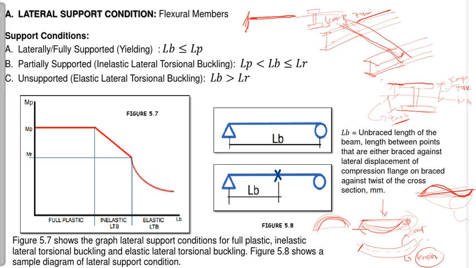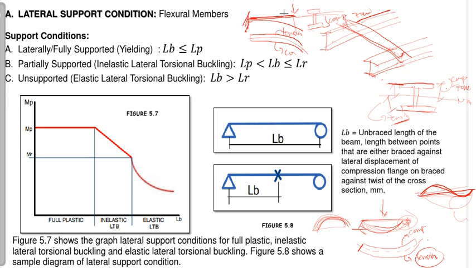Doon nagbabakal sa ilalim. Kasi di ba pag naglagay ka ng load dyan, ganyan yan. Ganyan yung magiging deflection niya. And pag nagganyan yung ating section, ito yung neutral axis natin. Ito yung compression zone natin. Ito yung tension zone natin. Kaya pag cantilever beam, nilalagyan natin sa ilalim ng lateral support, kasi doon nagbabakal sa ilalim.